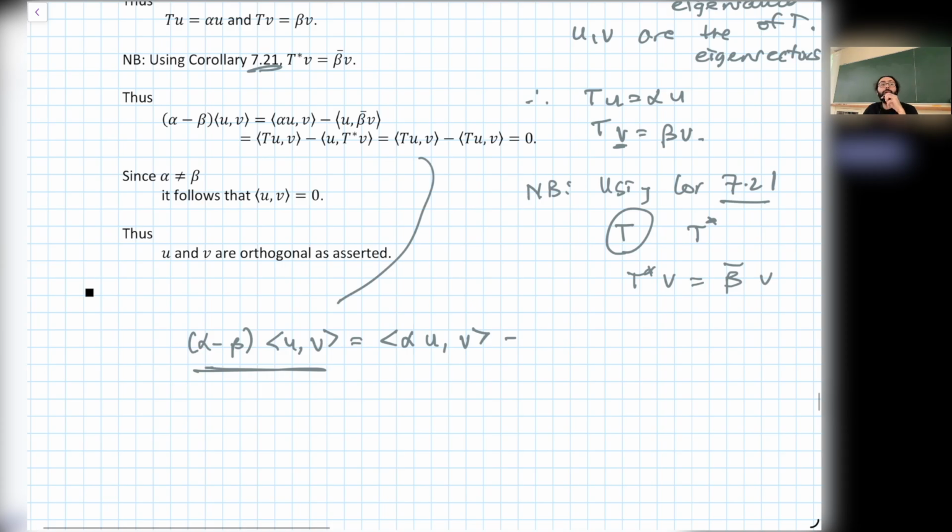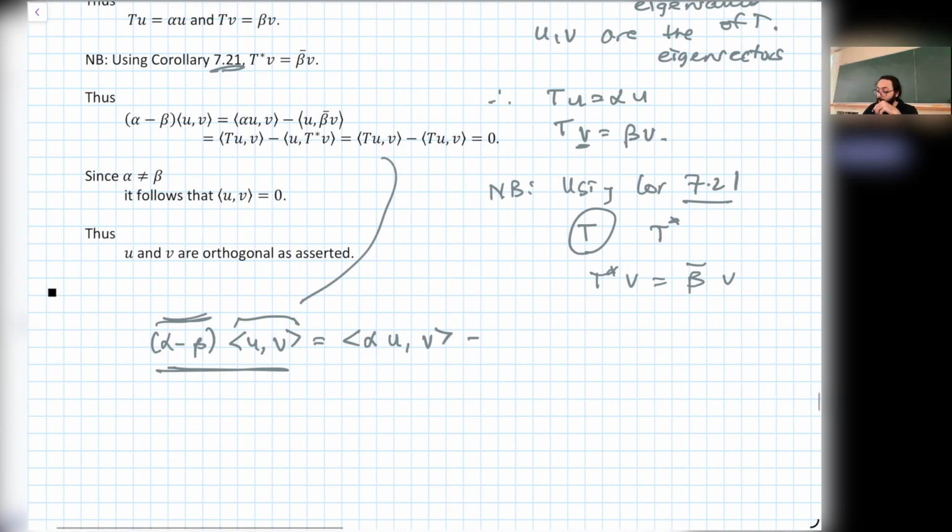We know first of all that alpha and beta are distinct, so this term will never be zero. If we are able to show that this expression is zero, then what would we have established? That u and v are orthogonal, because the definition of orthogonality is that the inner product disappears. And we have this alpha, beta, and we somehow want to use the complex conjugation and so on. That is the high level idea of what we're trying to do.